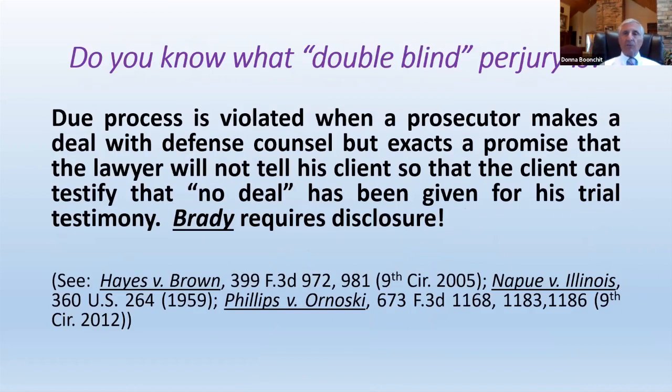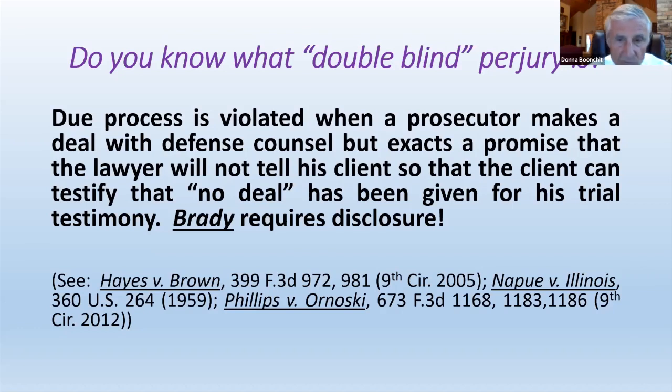I've asked people what double blind perjury is. Kind of a strange statement. It's not mine. It's talked about by the courts. It says that due process is violated when a prosecutor makes a deal with defense counsel, but exacts a promise that the lawyer will not tell his client, so that the client can testify that no deal has been given for his trial testimony. And when that occurs, Brady requires disclosure.